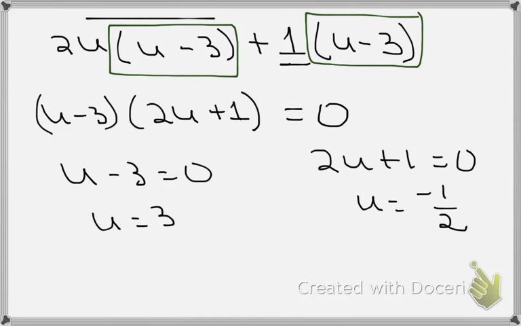Now, I've got the zeros for this function of u, but remember, I wasn't looking for the zeros of the function of u. I made a substitution to simplify this for me. And you just have to remember that my substitution was u equal to x plus 1. So I found that in the first case, u was equal to 3.